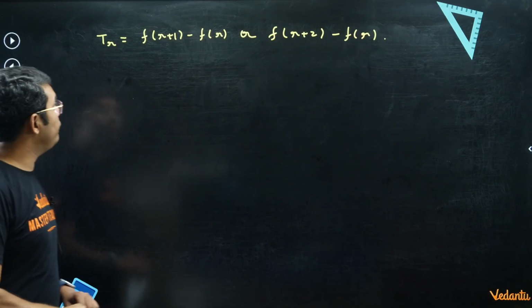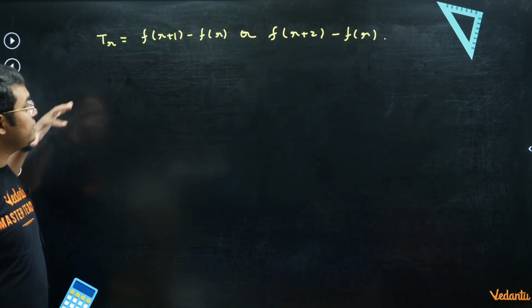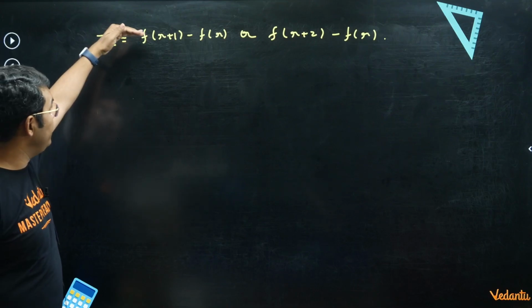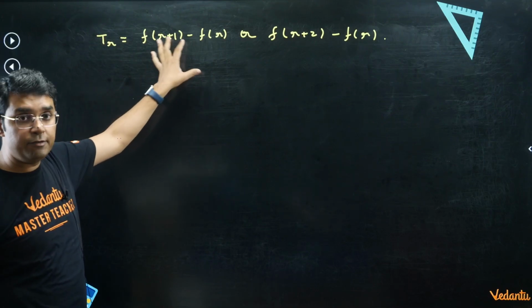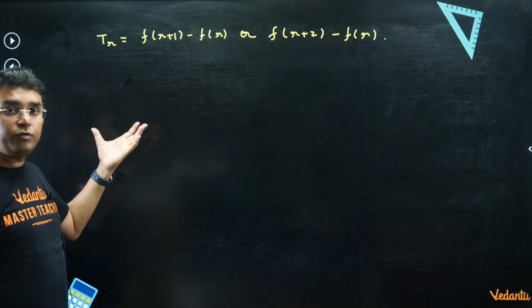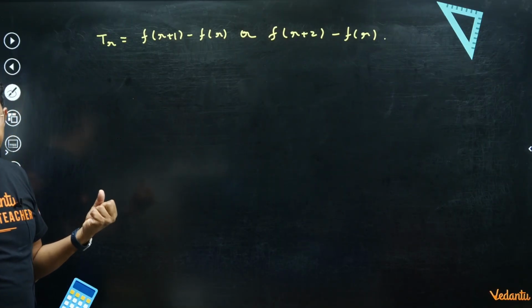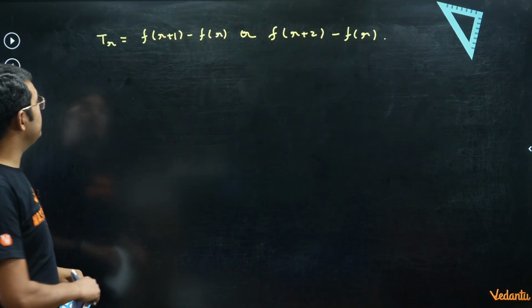Then you add all these terms, and you will see that when you write all these terms as a difference of two functions, there will be cancellation happening. A few terms will remain in the beginning, a few terms will remain in the end, and you will get the sum. This is the idea actually.